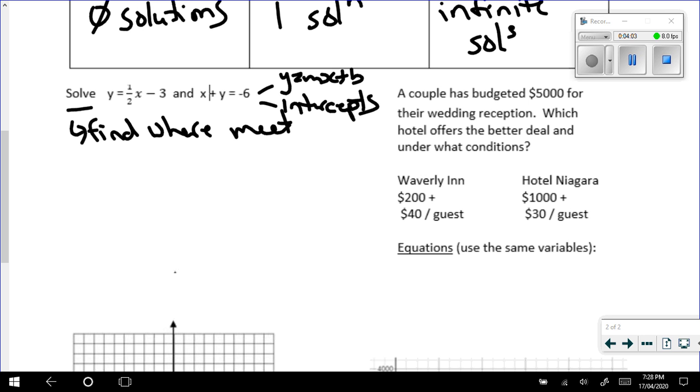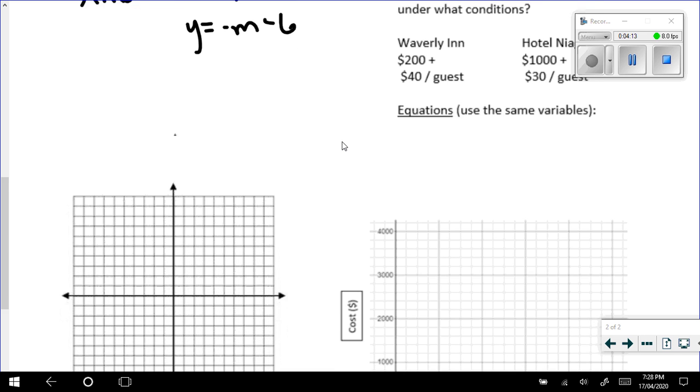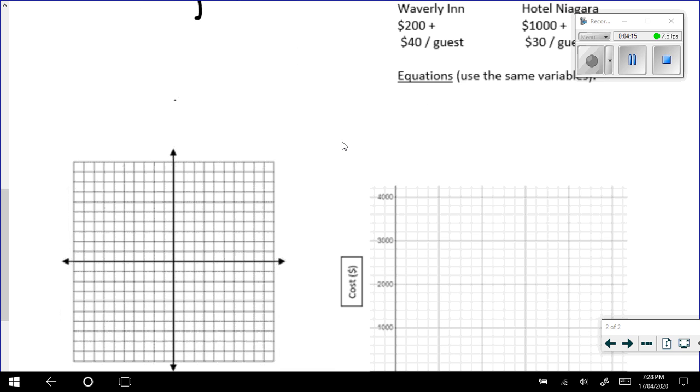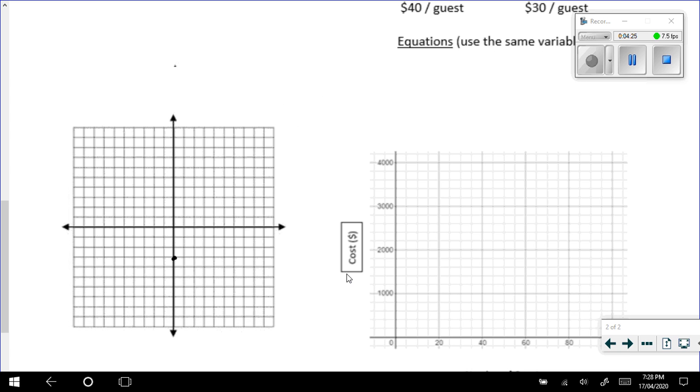I'm going to convert it into y equals mx plus b, which is going to allow us to graph it fairly easily. So it's minus 3, and where are we? Better make sure yours didn't change. It didn't. Okay. Up 1 over 2, up 1 over 2.